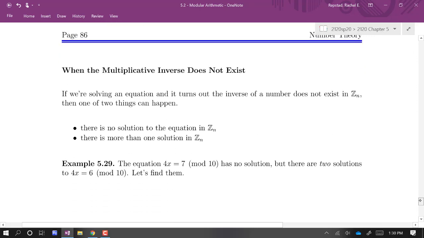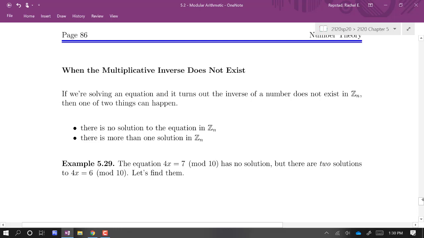All right, one last example, just to talk a little bit about what happens when the inverse doesn't exist. When you're solving an equation and you find yourself looking for a multiplicative inverse of some value mod n, if you find that the inverse doesn't exist, which would happen because it's not relatively prime to the modulus, then one of two things could happen. Either there's no solution at all, or there could be more than one solution to the equation.